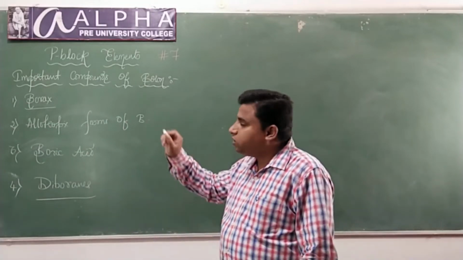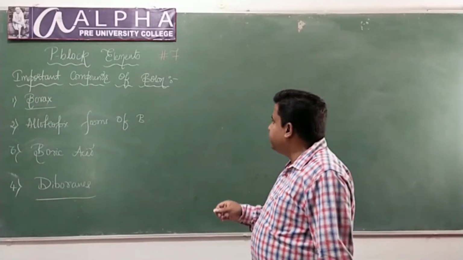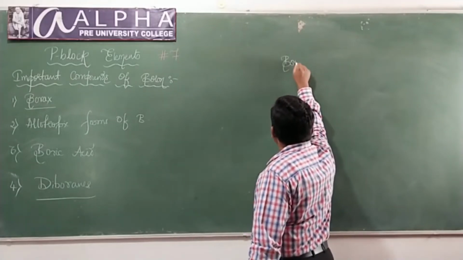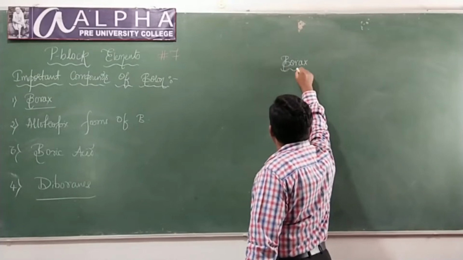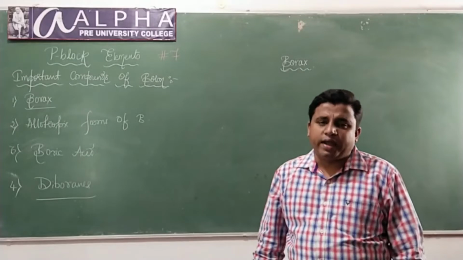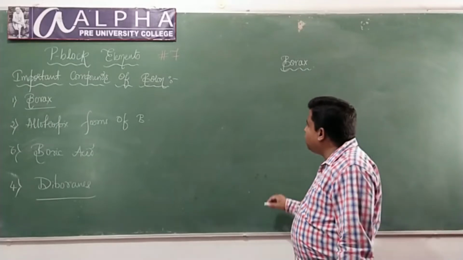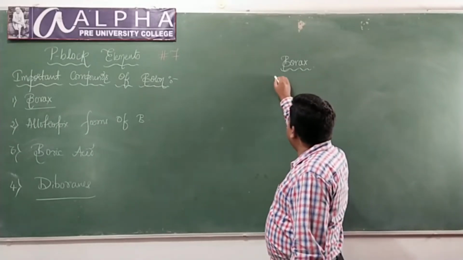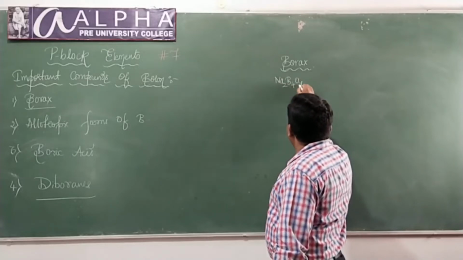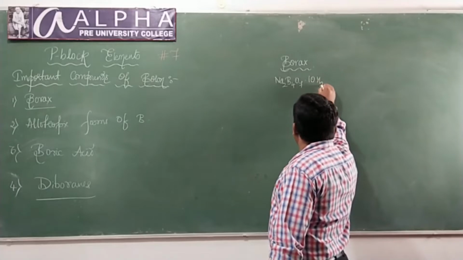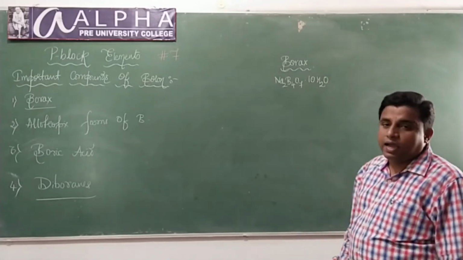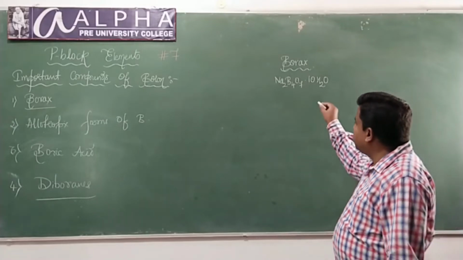Now shall we start with borax? Yes, we will be talking about borax now. Students, what is the chemical formula of borax? The chemical formula of borax is Na2B4O7.10H2O.